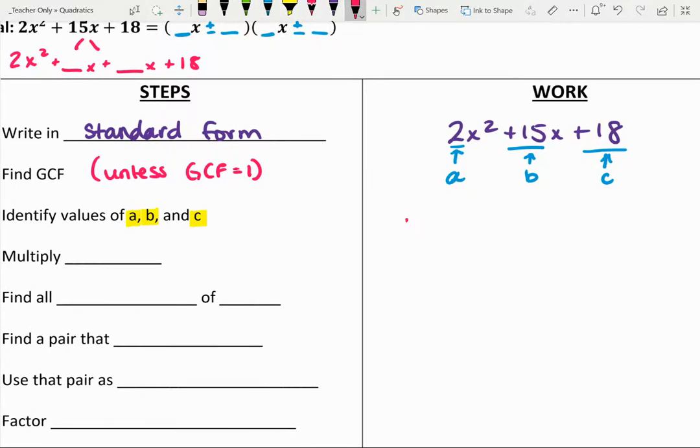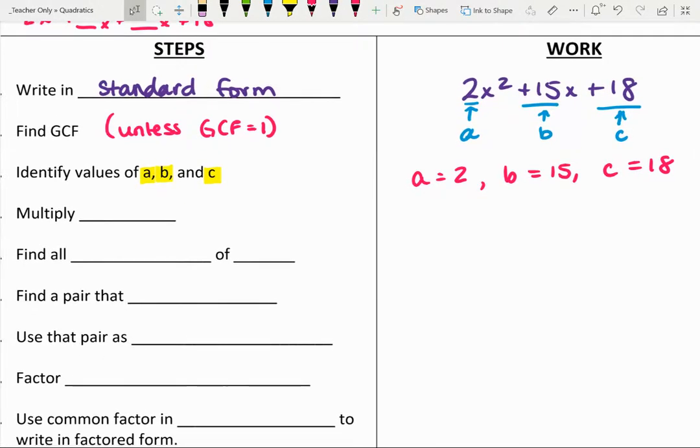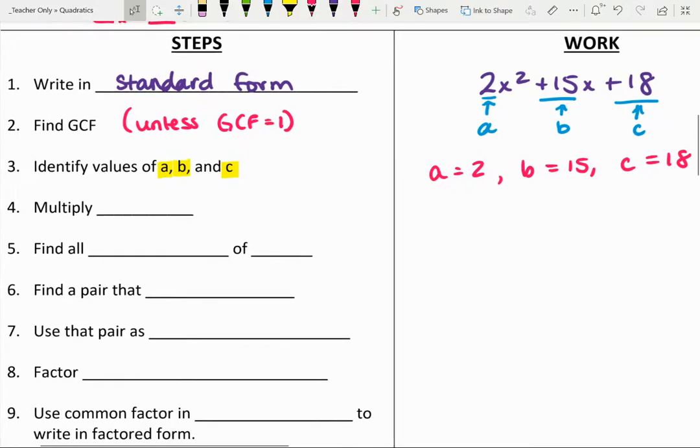So we're going to have A is equal to 2, B is equal to 15, and C is equal to 18. So the first 3 steps are really pretty straightforward. We just got to make sure it's all cleaned up, neat and tidy, so we can find A, B, and C. Step 4 is where things start to get a little bit trickier, where we have to really pay attention.